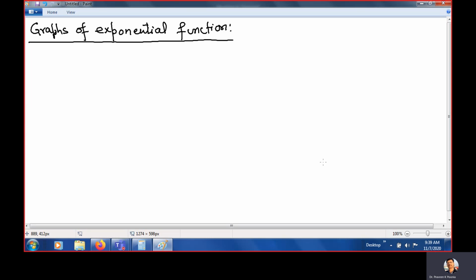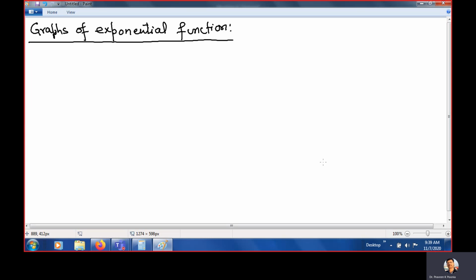In the previous chapter we learned how to draw graphs. Clear? In the case of a linear function it was very easy. We were finding the x-intercept and y-intercept, and because it is a straight line, we were joining these 2 points. That's all. In a quadratic function, we need 3 important points.